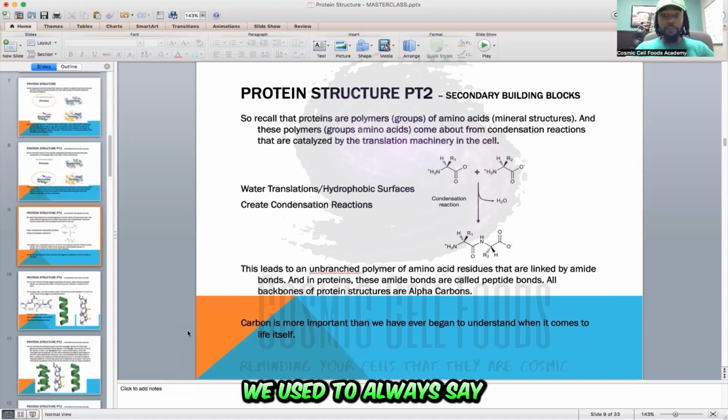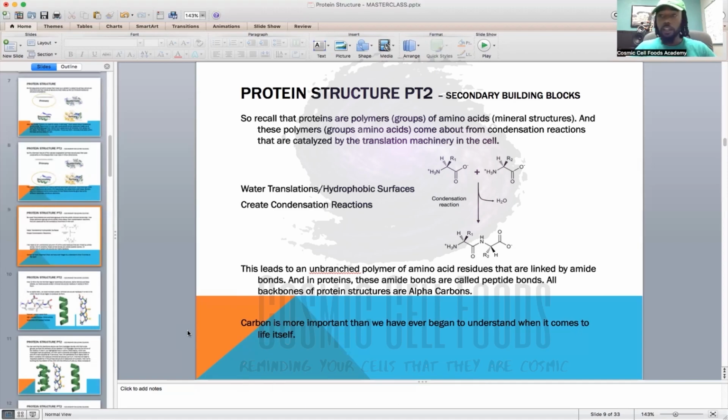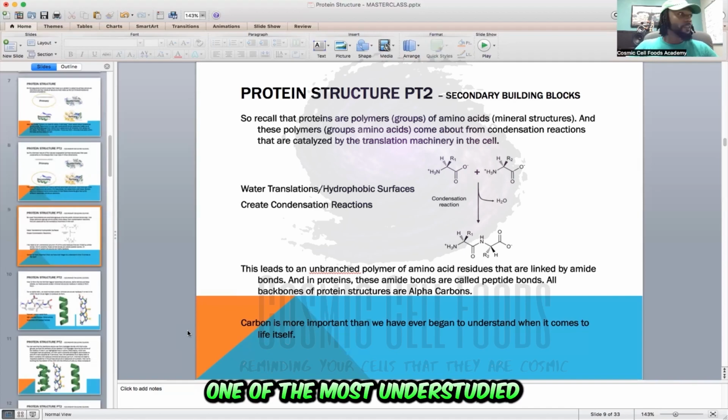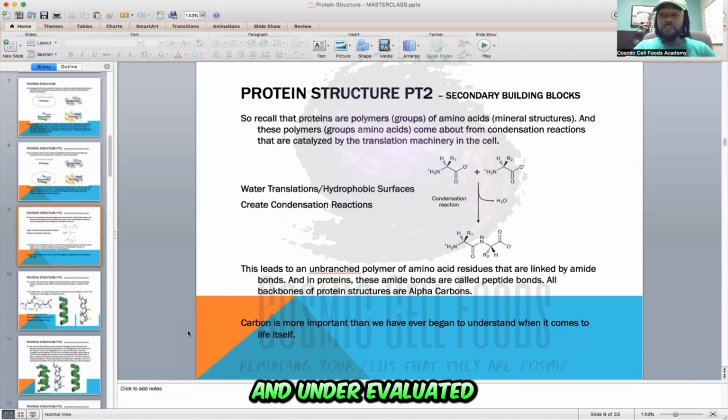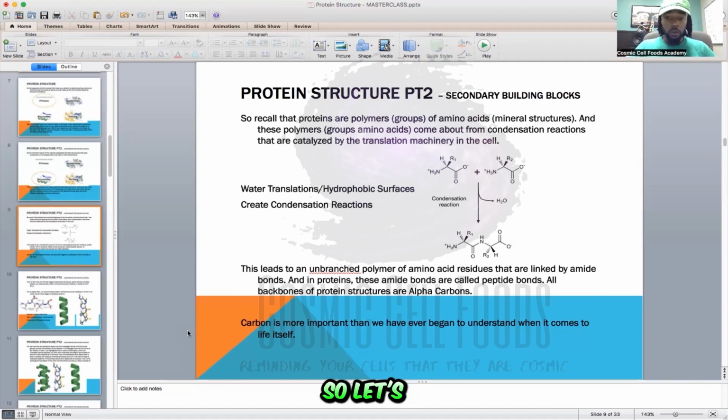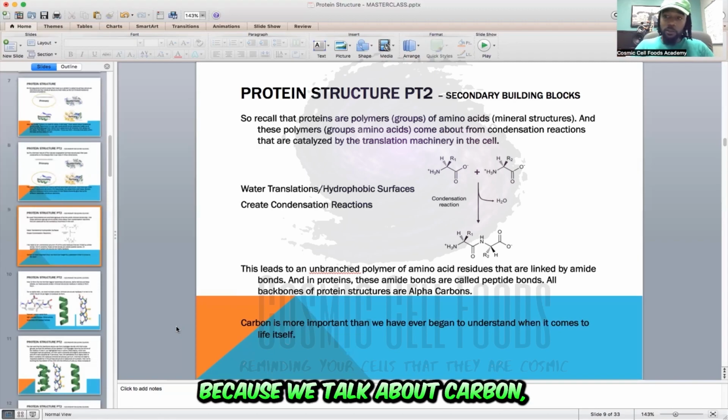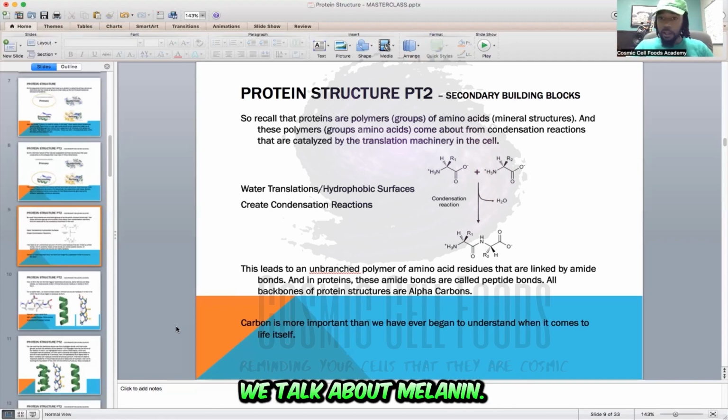This is why Sebi used to always say carbon is essential. Carbon is one of the most understudied and underevaluated essential elements within the body. We have to understand carbon at a deeper level, because we talk about carbon, we talk about melanin, but nobody truly understands how these structures are operating within the body.